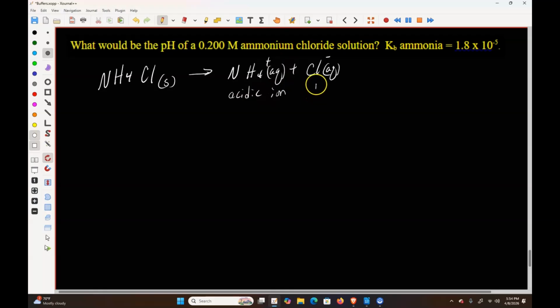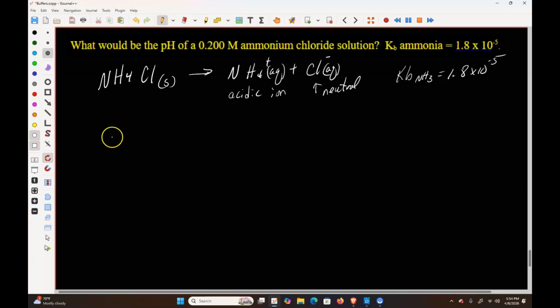This one is neutral because it's from a strong acid. And I know that my Kb for ammonia will be 1.8 times 10 to the negative 5.